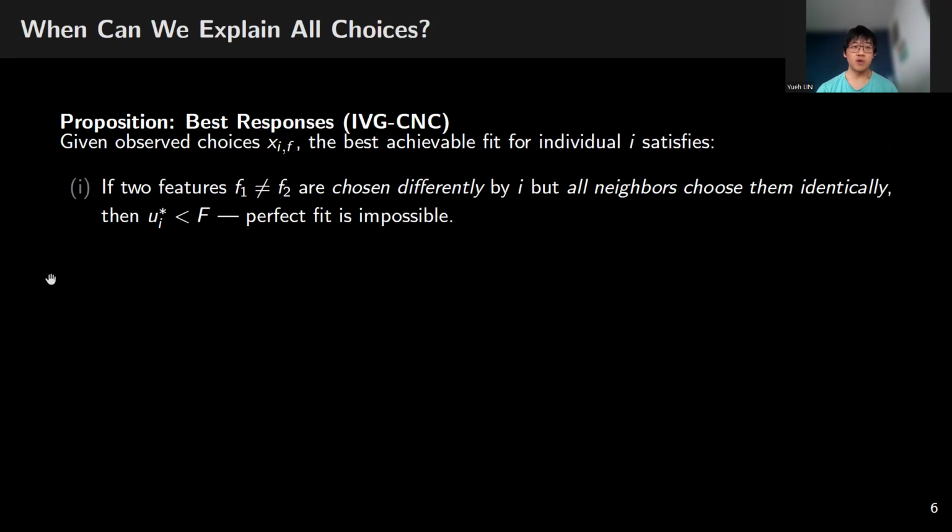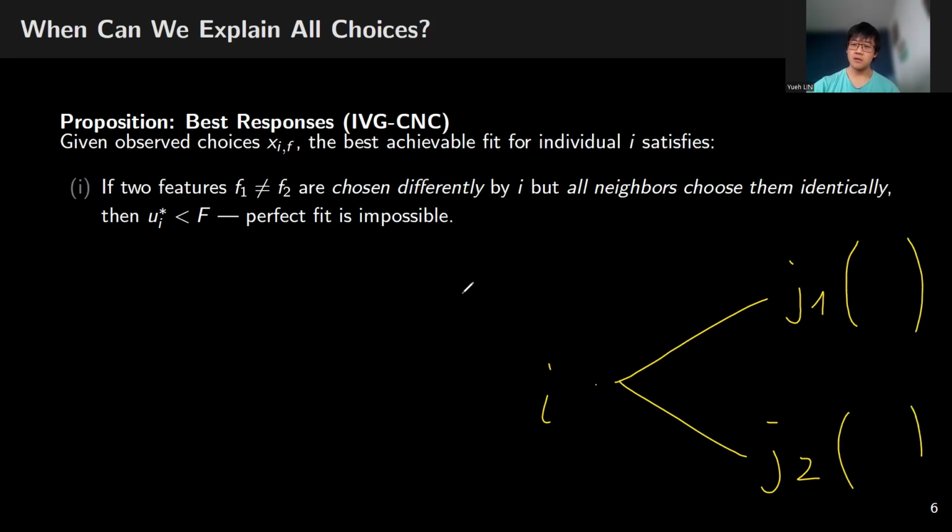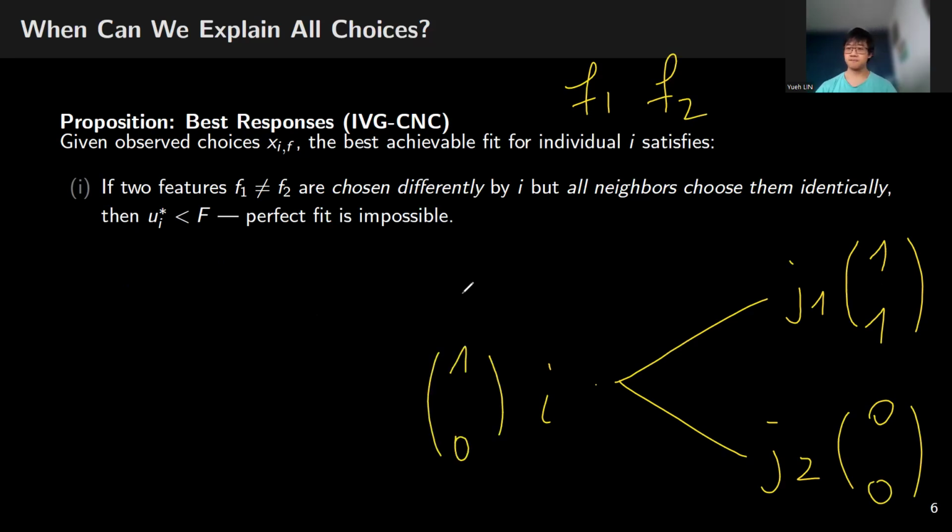And now let's look at some property of the best responses of the inverse voting game. So let me draw some diagrams. Notice that the features are chosen, are fixed. So let's say we got feature F1 and feature F2. Let's say individual J1 chooses all 1, individual J2 chooses all 0, and individual I chooses differently.